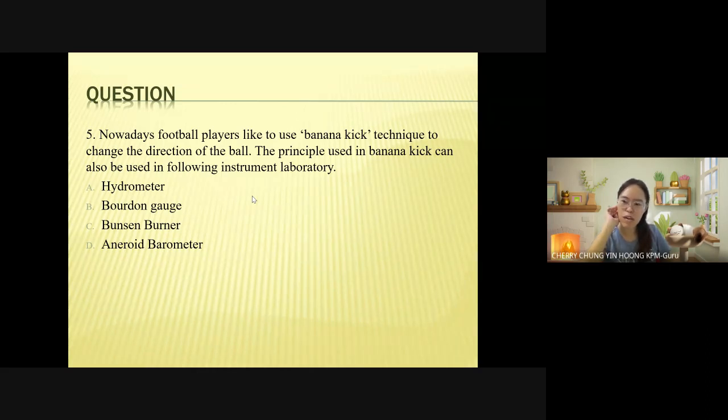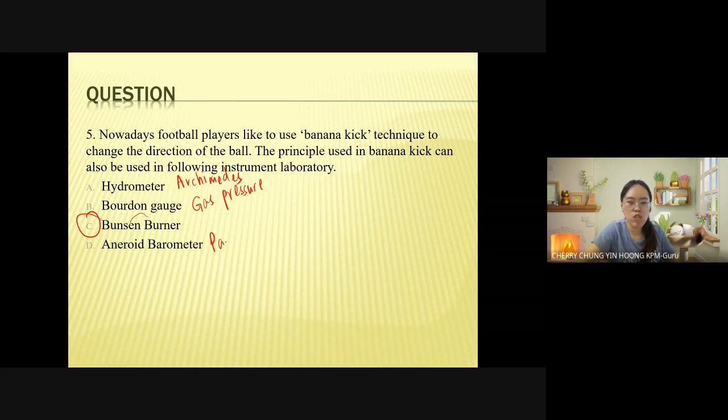OK，last question，第五题，微轩。Borden gauge，are you sure？我们刚才有讲到 Borden gauge 是 Bernoulli's principle 吗？我刚才讲 banana cake 是 Bernoulli's principle 来的，所以哪一个是关系到 Bernoulli's principle 的呢？C，yes，answer is C cat。Hydrometer 是 Archimedes。Borden gauge is to measure gas pressure。Barometer is to measure atmospheric pressure.